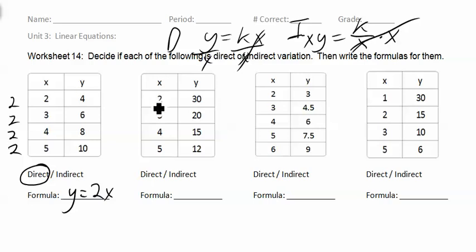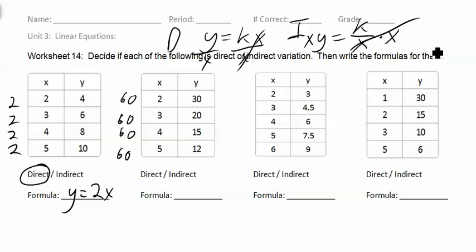So I do 30 divided by 2 is 15. 20 divided by 3 is, oh no, it's 6.6666666. So it's not direct. Let's check and see if it's indirect. Alright, so if I multiply them together, I get 60, 60, 60, and 60.